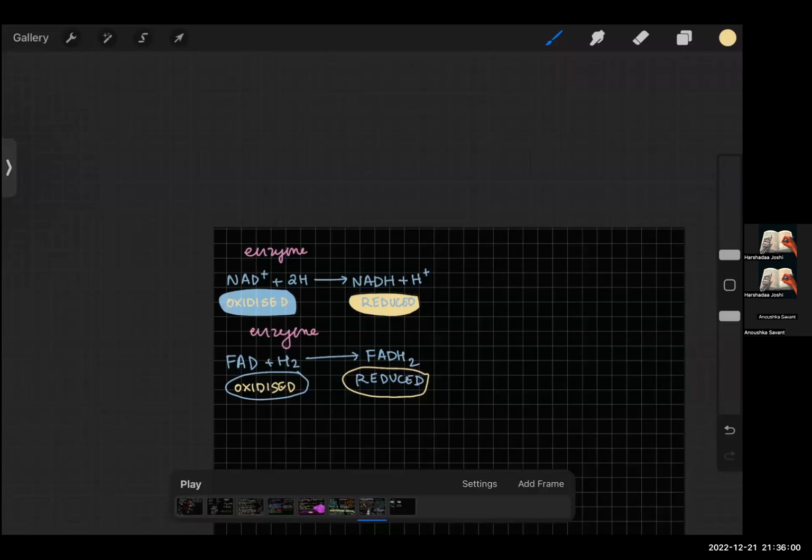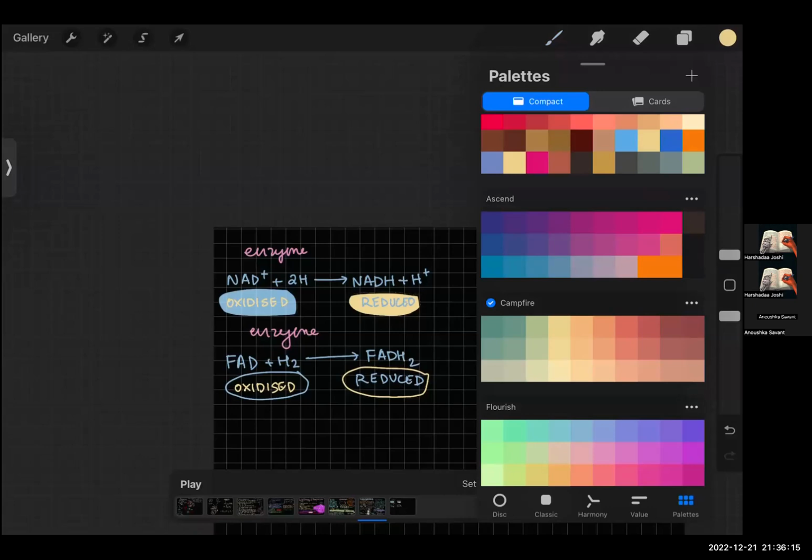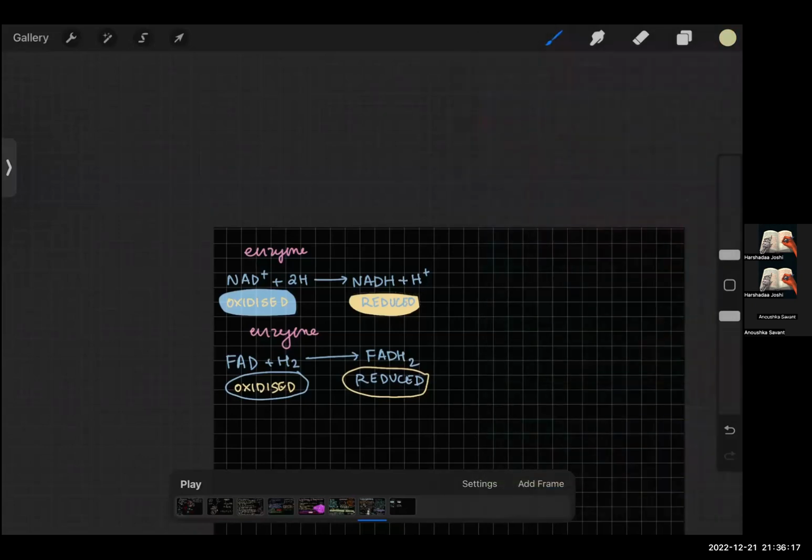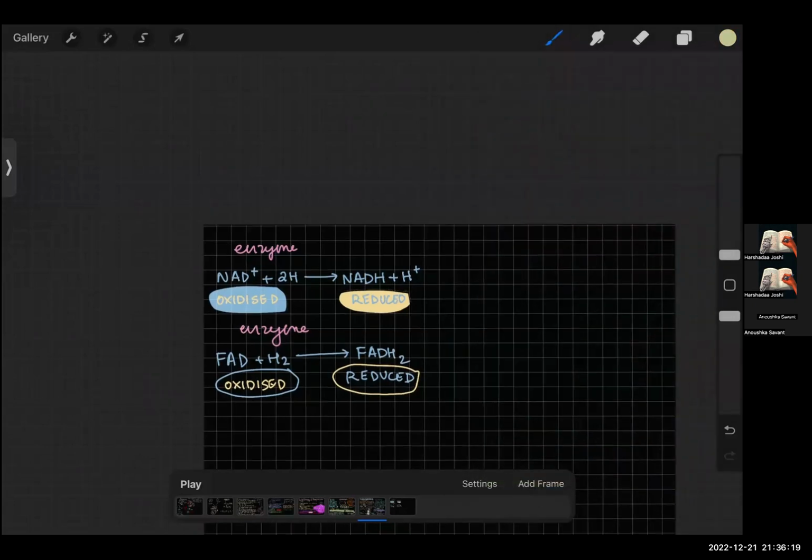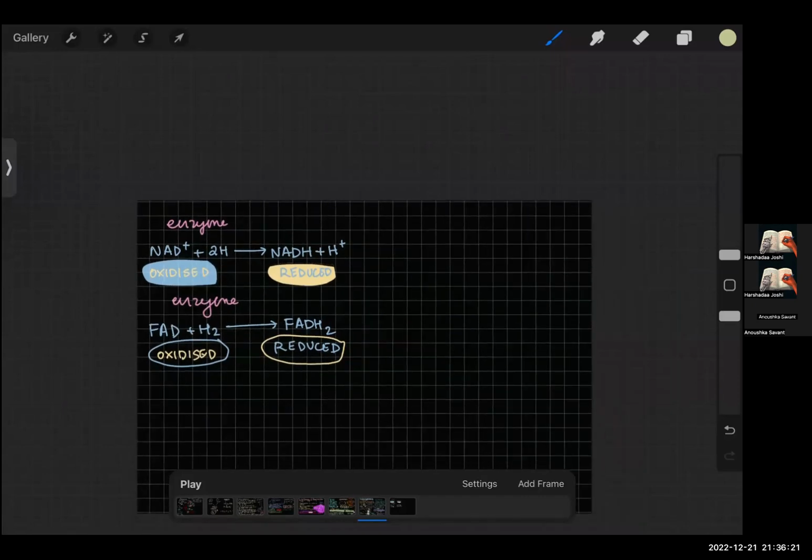This is why these molecules are also going to function as carriers of energy or carriers of electrons from one metabolic pathway to another metabolic pathway, and this has to be written in a very logical statement. Okay, so we are going to put that down here.